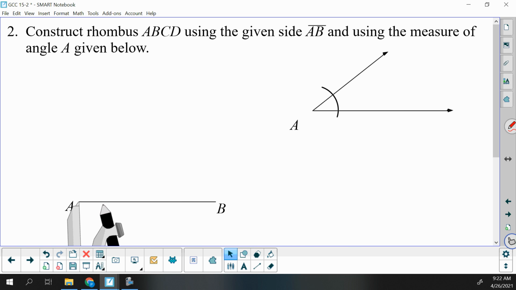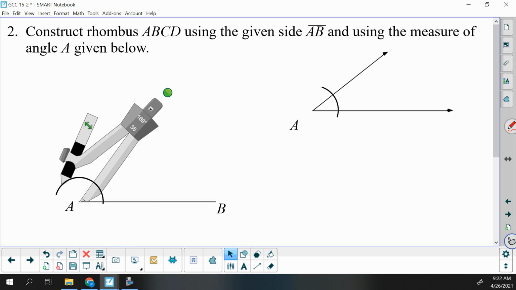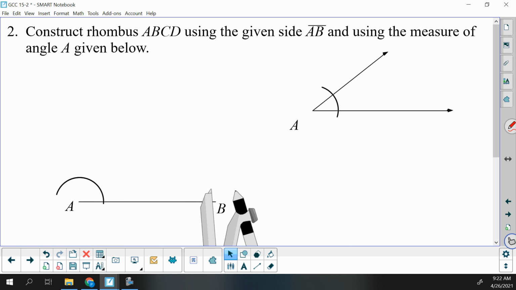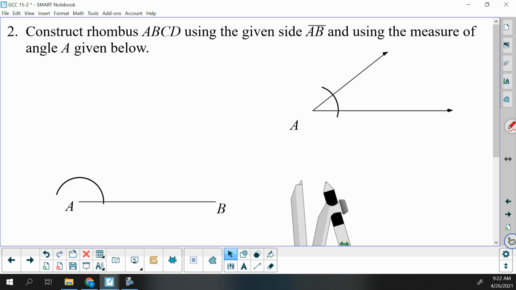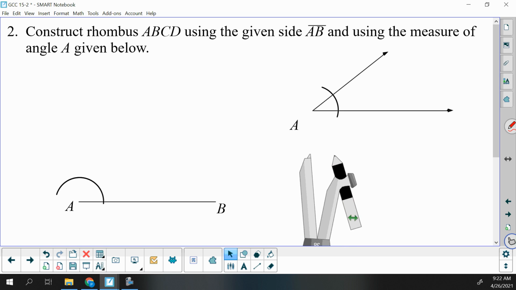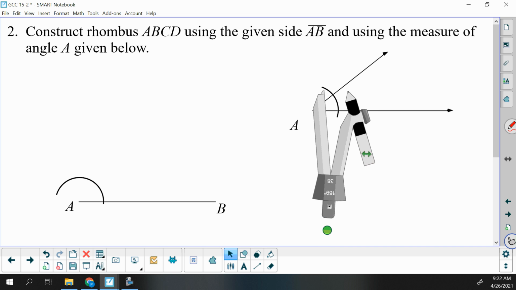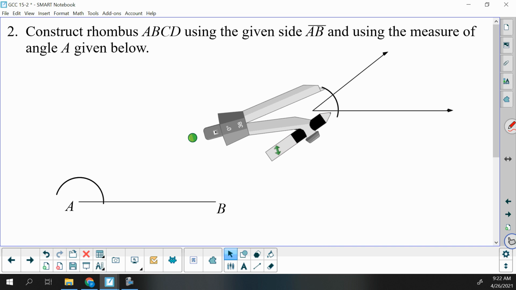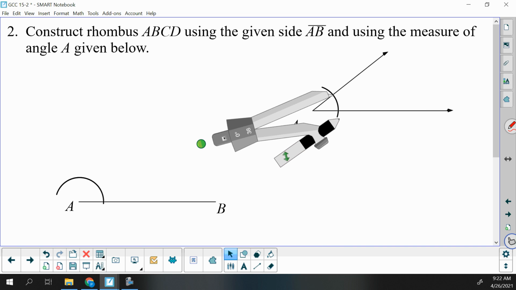We'll make that same arc over at A. Next up, we'll set our compass to the width of our intersections.